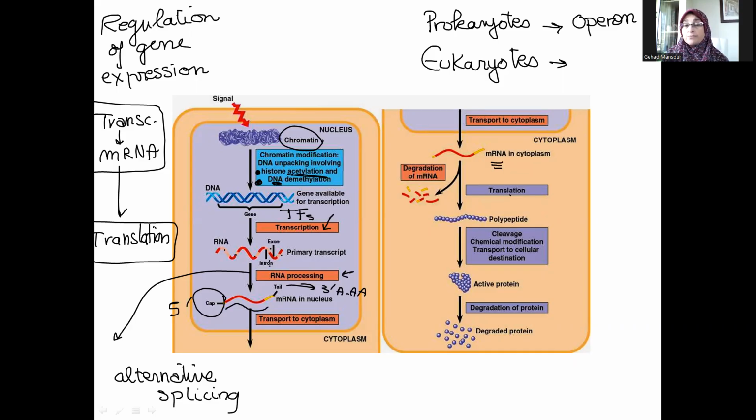And then finally, after messenger RNA actually has been translated into a polypeptide, there is cleavage. For example, we can remove methionine. As you know, methionine is the first amino acid in all polypeptide chains, but if the cell or if that particular protein does not need methionine, then we will excise it.